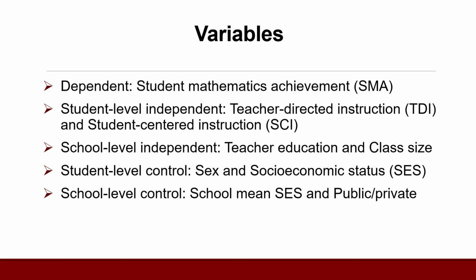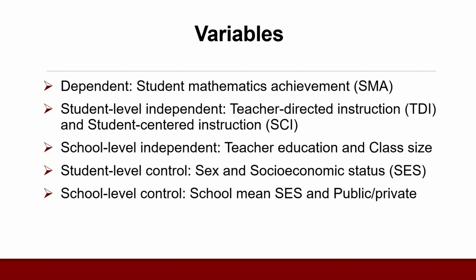PISA actually had some questions within the questionnaires that enabled us to develop the teacher-directed instruction variable and the student-centered instruction variable. And just as an example, for the teacher-directed instruction, one item on the PISA questionnaire asks students, how often does your mathematics teacher set goals for the students, as opposed to having the students set their own goals?